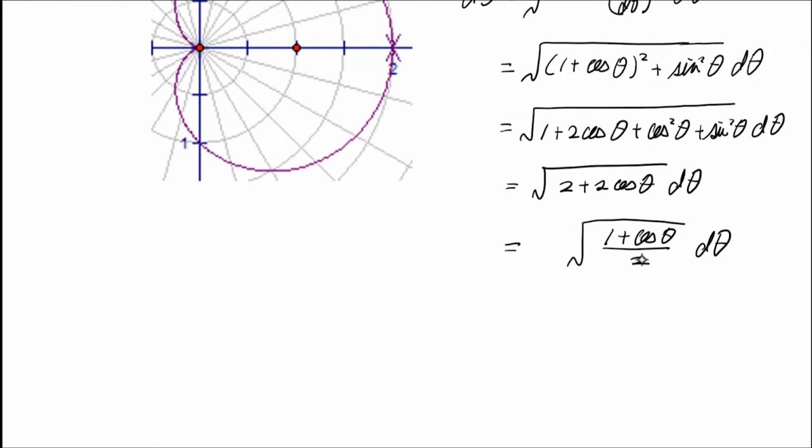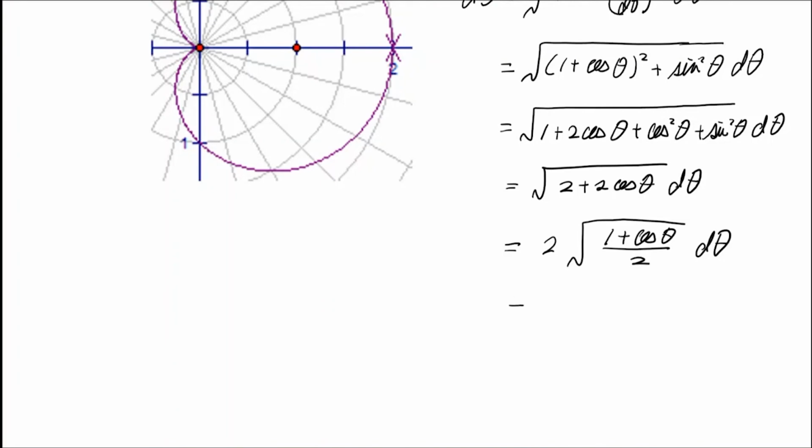Something times this, right? So if I put 2, for example, would that work? 2 going in becomes 4, cancel and distribute, bang. Do you see how that works?